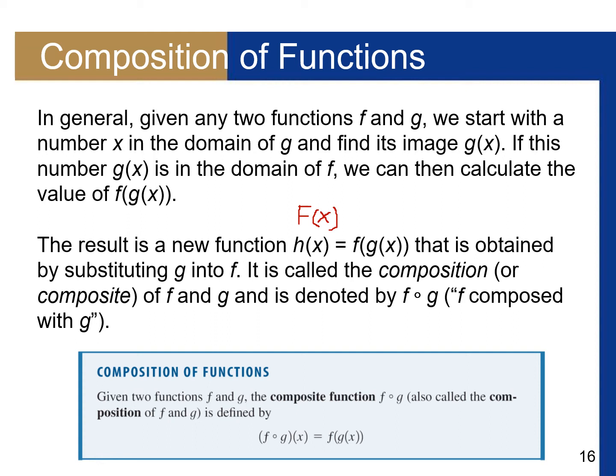Now, this composition of functions is represented by this symbol right here. So whenever you have this little open circle, that's not somebody that forgot to fill it in and mean multiplication. That means they're taking composite functions.